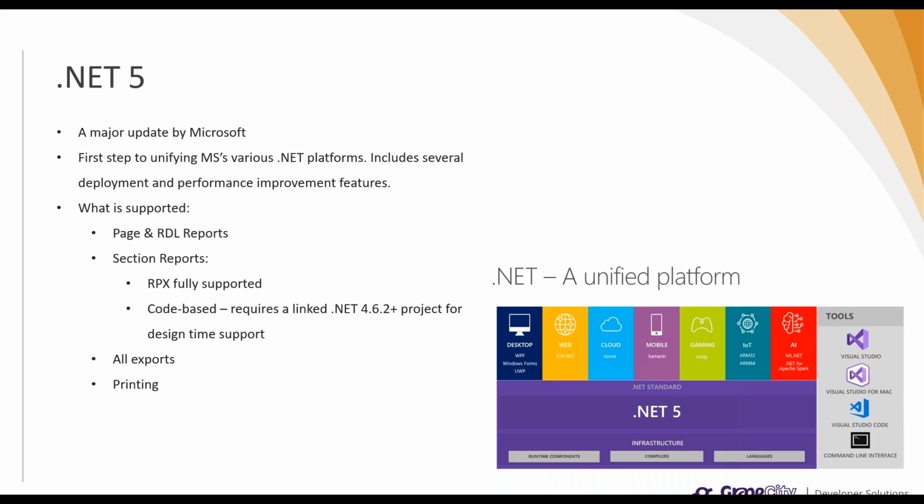That is going to be the schedule from Microsoft moving forward: basically every November, there will be a major release of their .NET framework. So while .NET 5 is not a long-term support release, .NET 6 will be.